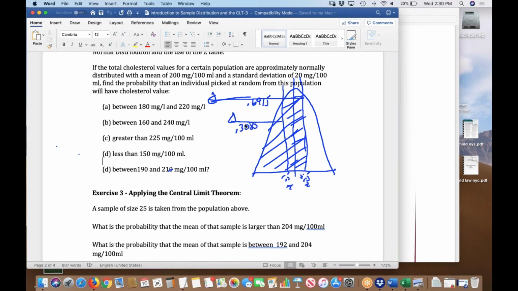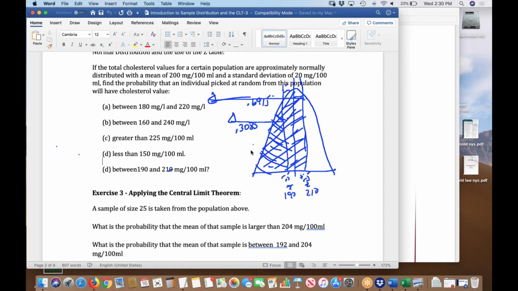So this is about 70%, and this is about 30%. This is the 30% that we're talking about, from negative 0.5 down. So if I take the area that I got, which is 70%, and subtract this area, 30%, I'll be left with the area between those two values, 190 and 210.